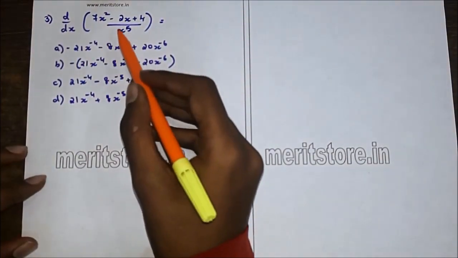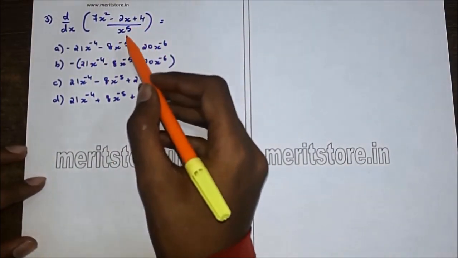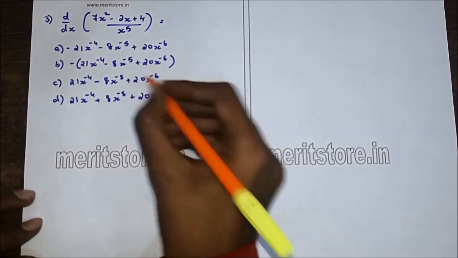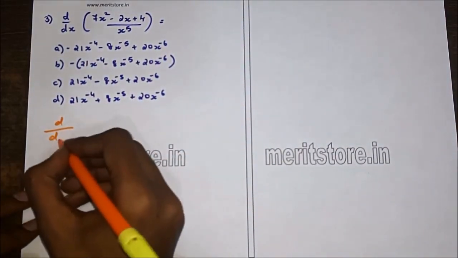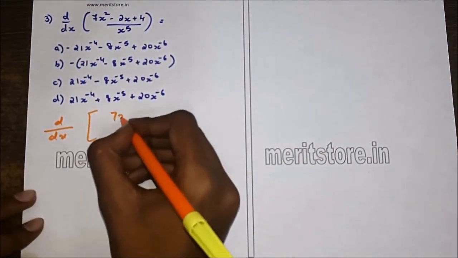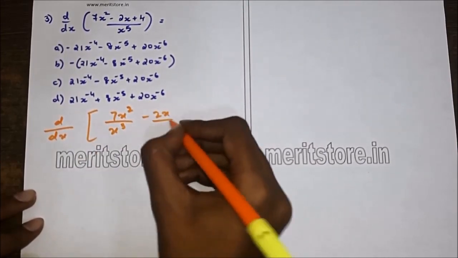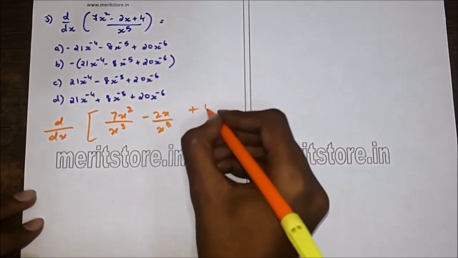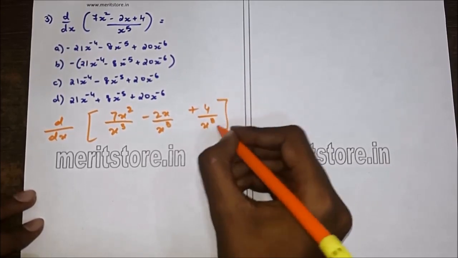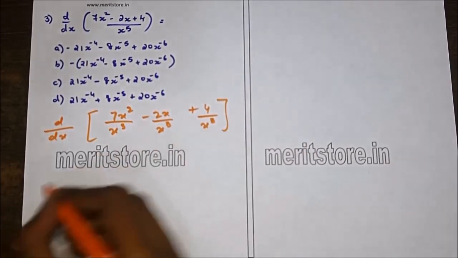Differentiation of 7x square minus 2x plus 4 divided by x raised to 5 is, these are the options. So first we split the term. So d by dx of 7x square upon x raised to 5 minus 2x upon x raised to 5 plus 4 upon x raised to 5. We bring this term to the numerator.